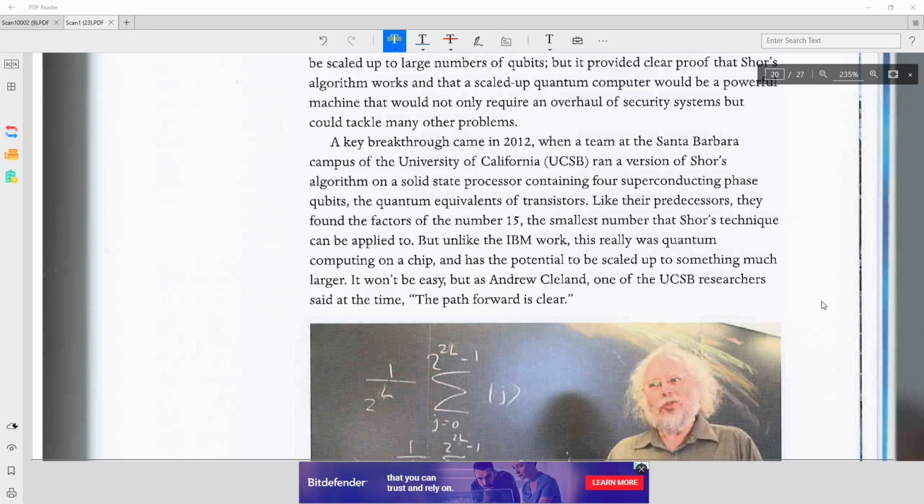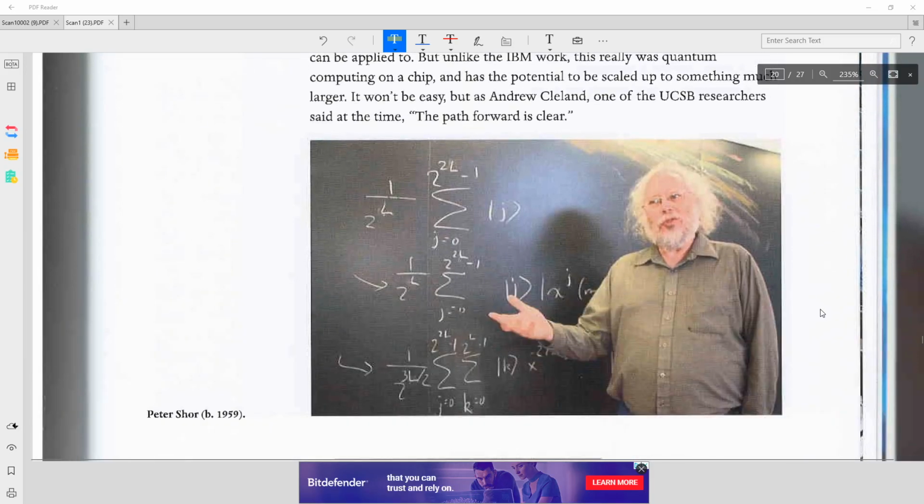Like their predecessors, they found the factors of the number 15, the smallest number that Shor's technique can be applied to. But unlike the IBM work, this really was quantum computing on a chip, and has the potential to be scaled up to something much larger. It won't be easy, but as Andrew Cleland, one of the UCSB researchers, said at the time, the path forward is clear.